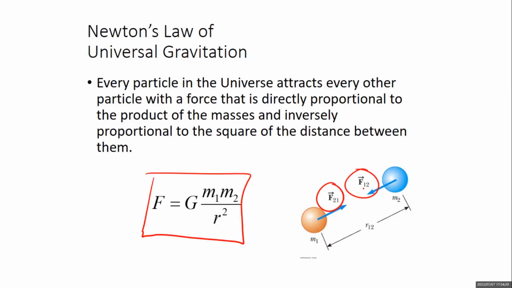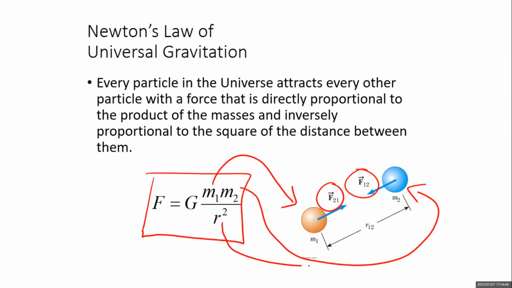This force can be found using the formula G m1 m2 over r square, where m1 is the mass of the first object, m2 is the mass of the second object, and r is the distance between the centers of these two objects. And G is the gravitational constant, 6.67 times 10 to the power minus 11, and the value of G will never change; it will always remain the same.